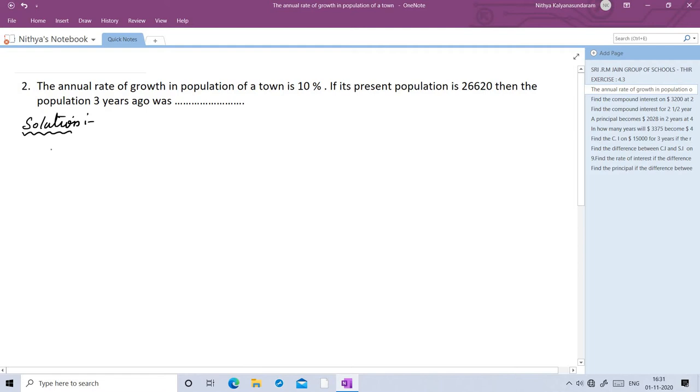So present population is 26,620. Then rate of growth R is 10%. So we need to use the same compound interest formula.